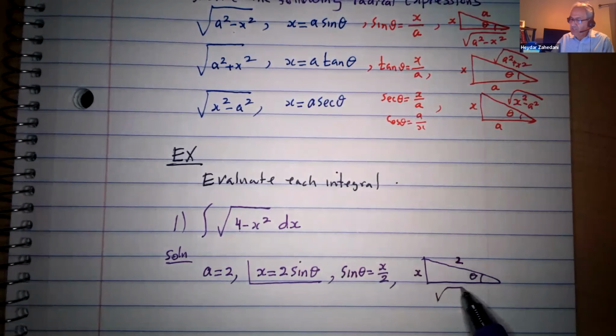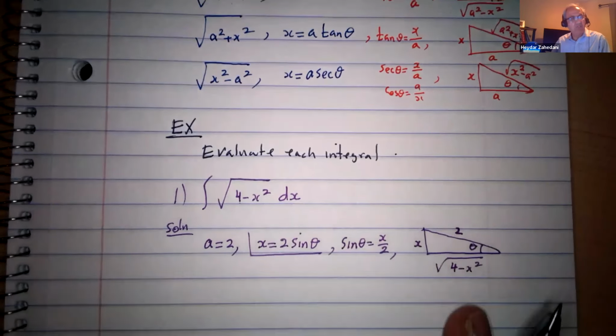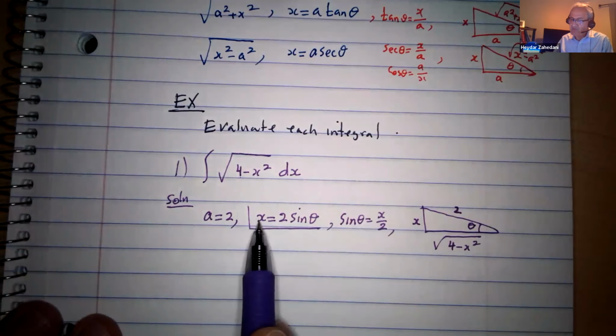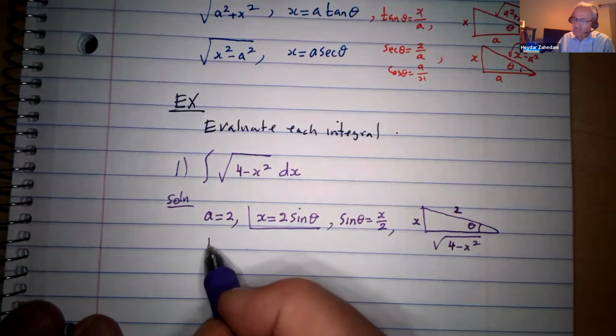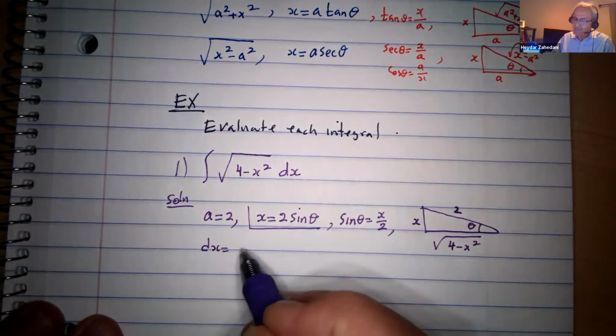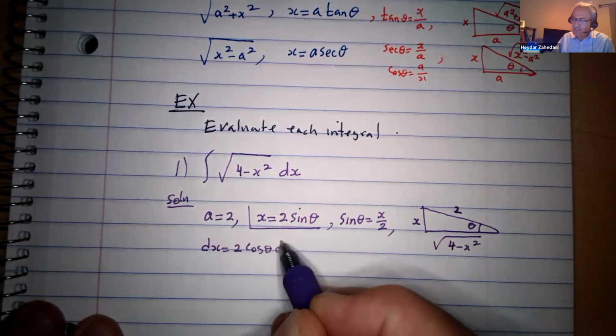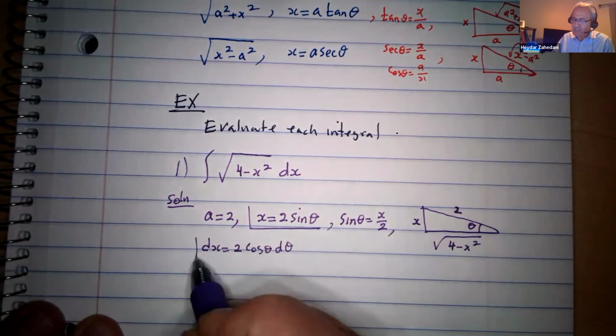So this would be the square root of 4 minus x squared. Do this one, we can do it right at the end or just do it now. Just make sure that as soon as you get the x, also make sure you get the dx. If things are getting complicated, probably you missed the dx. This is the only place that you may miss it.